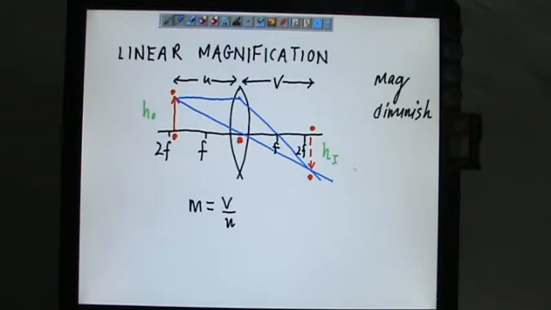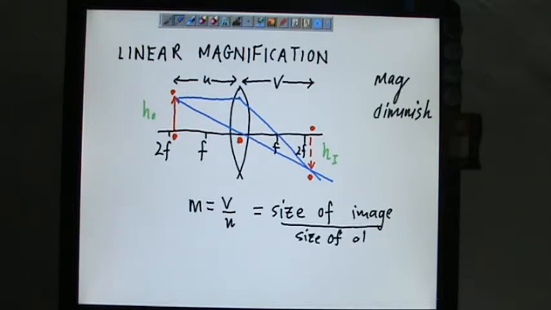And we want to compare the size of the image divided by the size of the object. When we say size, we actually mean the height. We want to make a comparison.